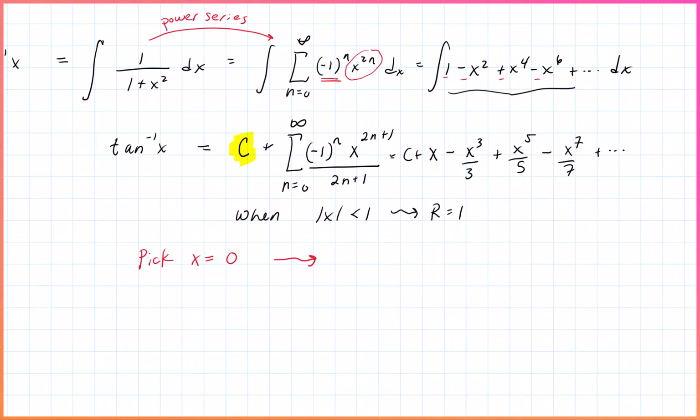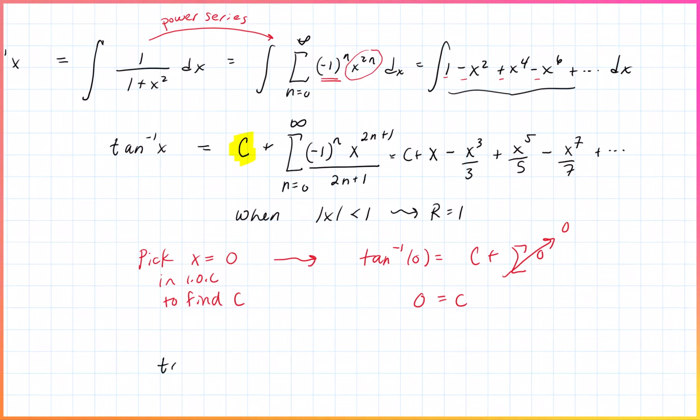X equals 0 falls in the interval of convergence, and the inverse tangent of 0 would be equal to c plus the sum of, well, when we plug in 0 for x, it would zero out the whole sum, so it would be the sum of zeros, so that's just 0, and the inverse tangent of 0 is 0, so it turns out the integration constant here is 0. So we picked x equals 0 in the interval of convergence to find our integration constant.